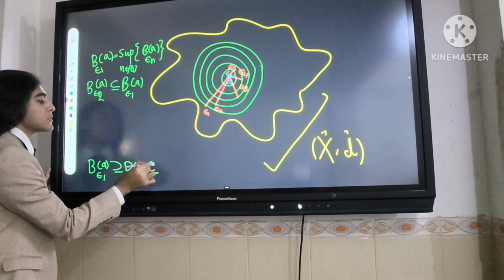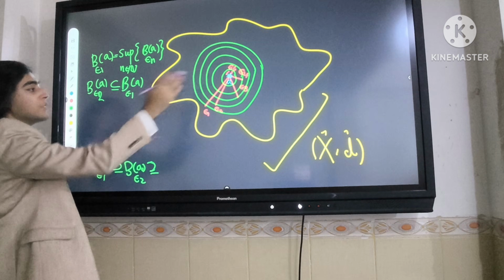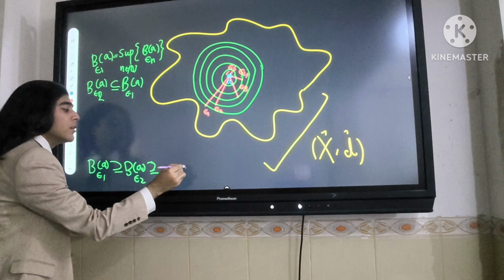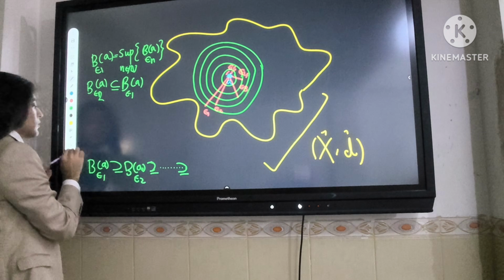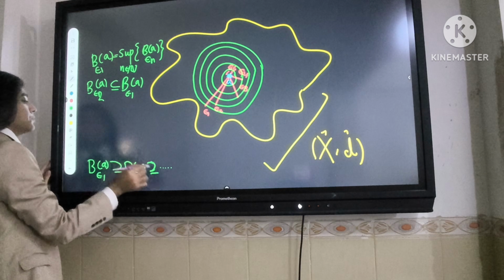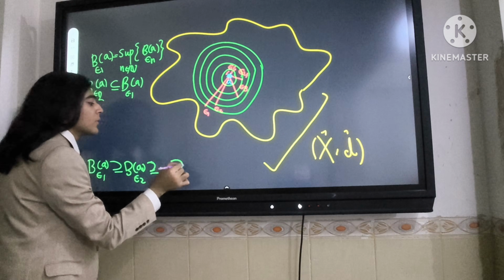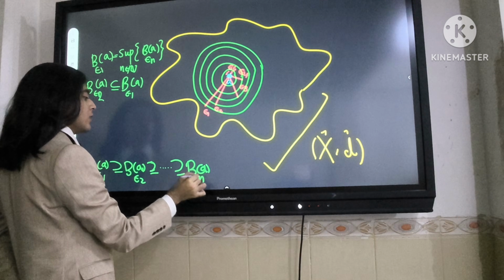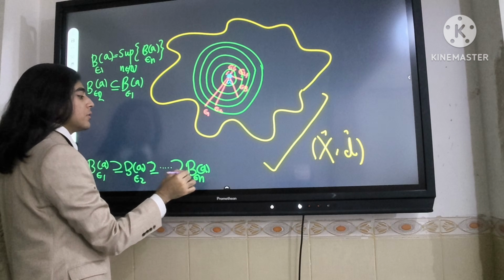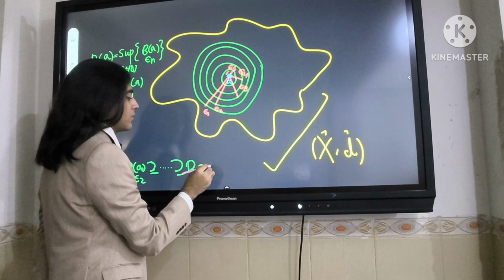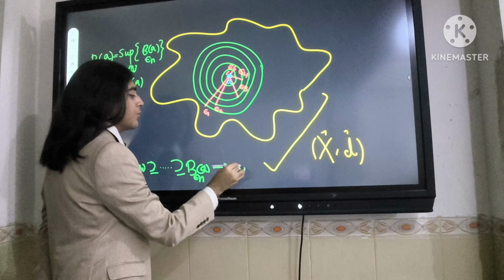We have a sequence of circles around A, up to B of A epsilon n, when n goes to infinity.